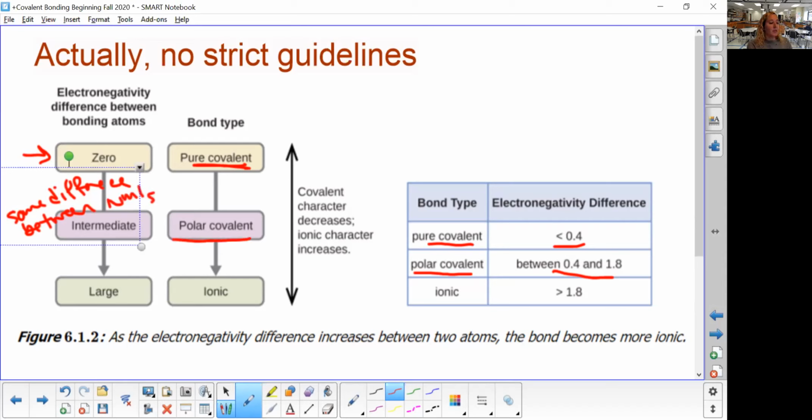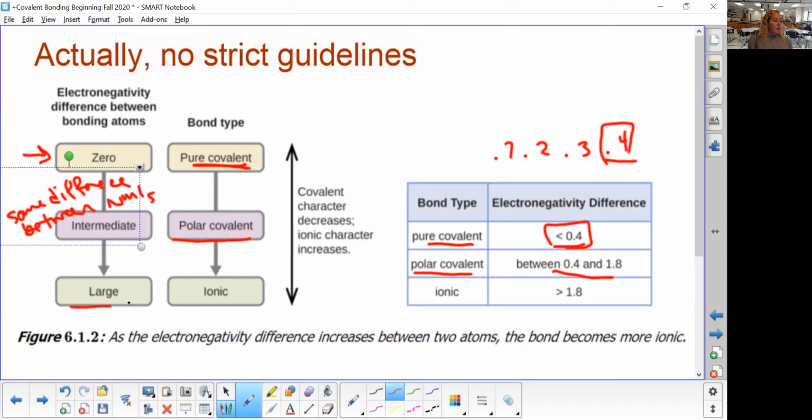Now, it really does need to be bigger than 0.4. If you just have a 0.1, 0.2, 0.3, and even a borderline 0.4 difference, it's a weak polar bond, and most people will characterize that as shared evenly enough to be considered nonpolar.